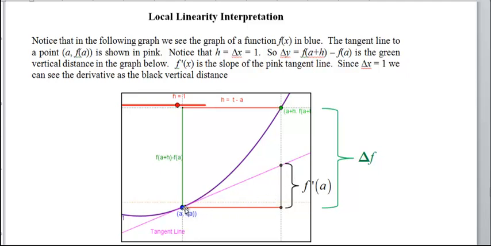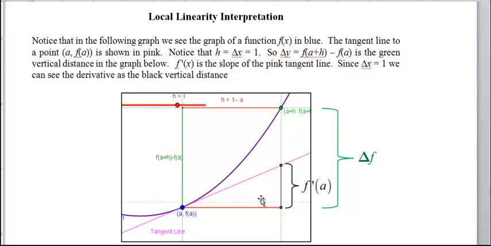Now, if I follow the tangent line and go up, if delta x, or h, is 1, notice by the slider, h is 1, then the slope of that line is the amount that line goes up when we go to the right 1. That's what the slope means. It's the amount of change in the line. So it's how much the tangent line goes up when we go over 1. That's the slope of the tangent line, which is the derivative.